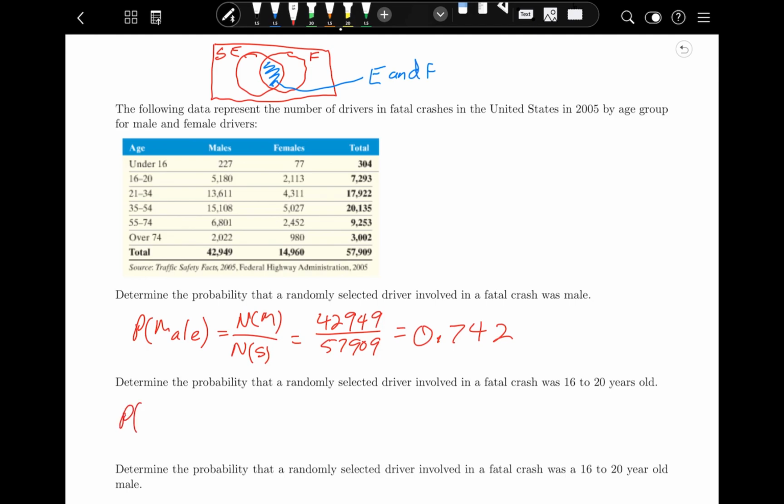Determine the probability that the randomly selected driver in a fatal crash was 16 to 20 years old. The probability of 16 to 20 is the number of 16 to 20-year-olds divided by the total number in the sample space. So 16 to 20's total is 7,293 divided by the total, which is 57,909, which is 0.126.